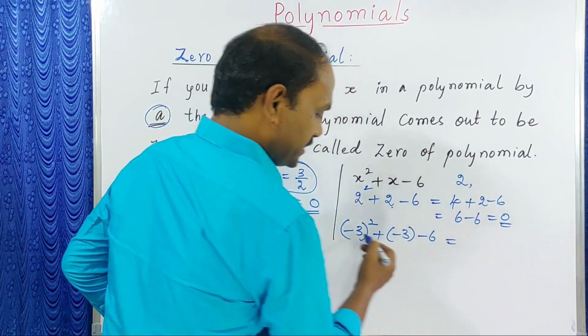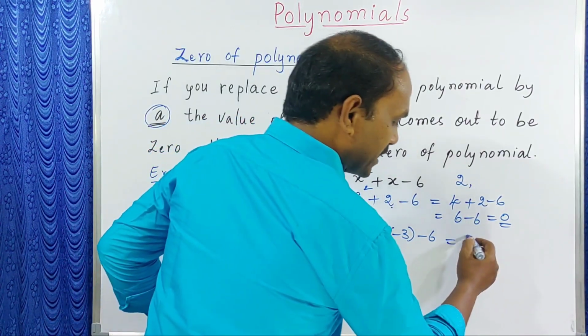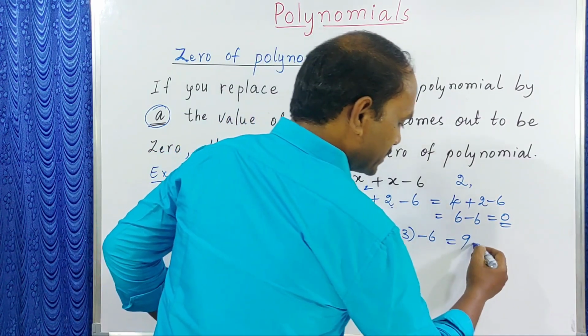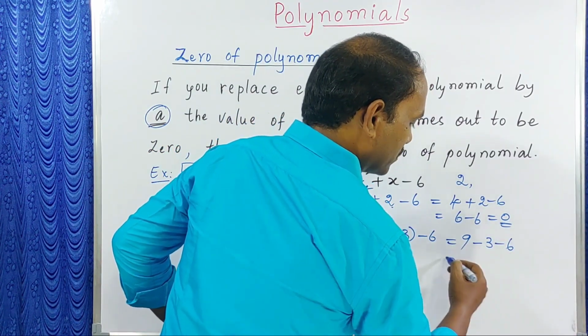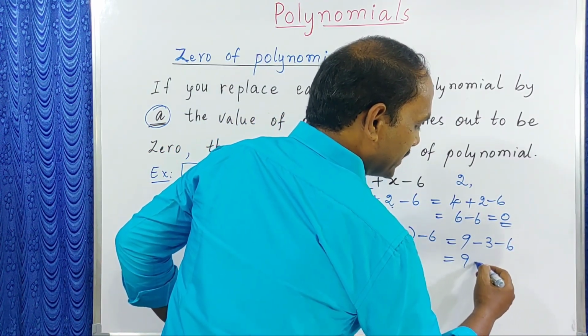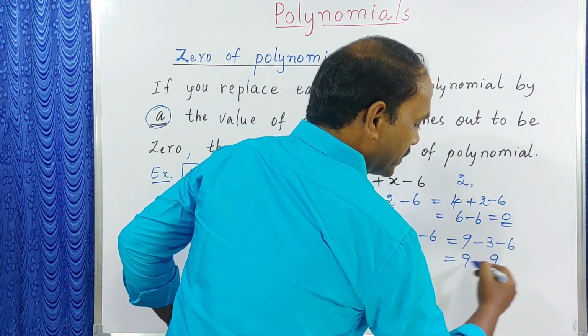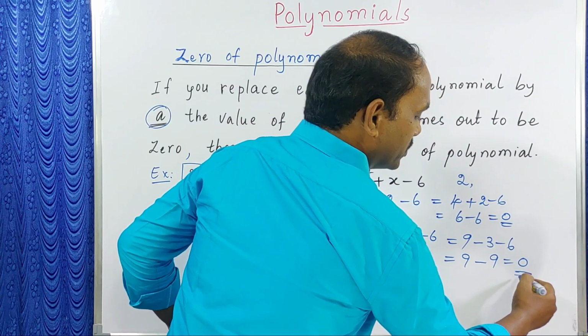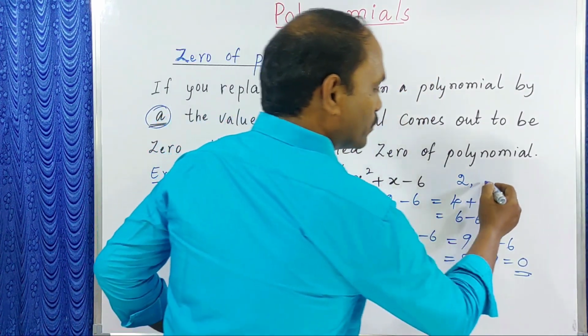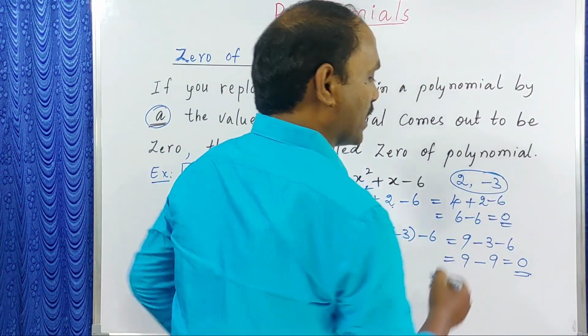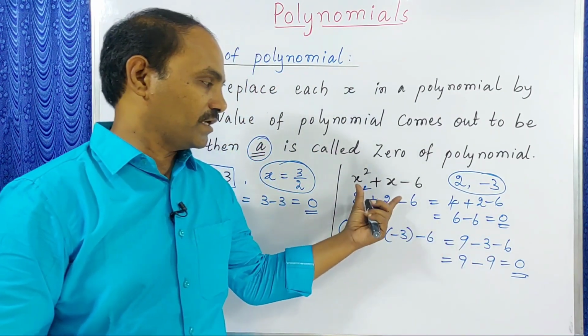Minus 3 whole square becomes 9, plus into minus, minus 3 minus 6. So 9 minus 3 minus 6, which is 9 minus 9, 0. This one is also 0. So 2 and minus 3 are called the zeros of this polynomial.